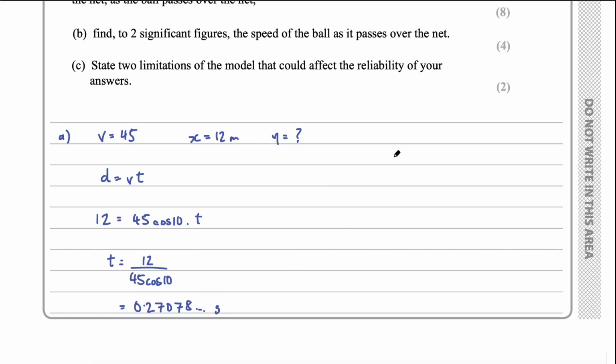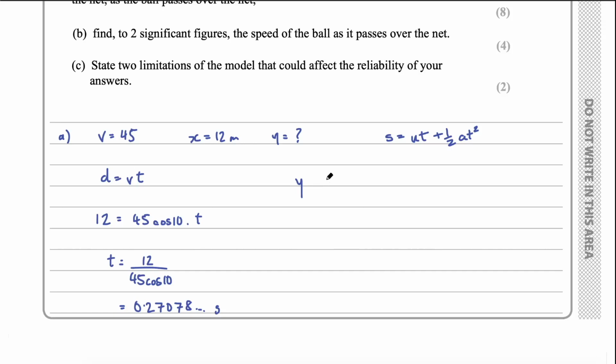And now we're going to use one of the suvat formulas, which says that the displacement equals ut plus half a t squared, where u is going to be the vertical velocity and a is the acceleration due to gravity. Also, to modify this a little bit, we could add on the initial height of the ball above the ground. So all up, our formula that we're going to start with is y, the ending height of the ball at the net.